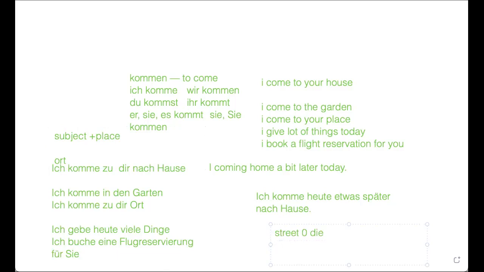So there is den if it is masculine, like Garten. Street is feminine, so I will say ich komme auf die Straße. I come to the street. Here, listen: a person is going to a place. Masculine, den. Feminine, die. Is it clear to you?